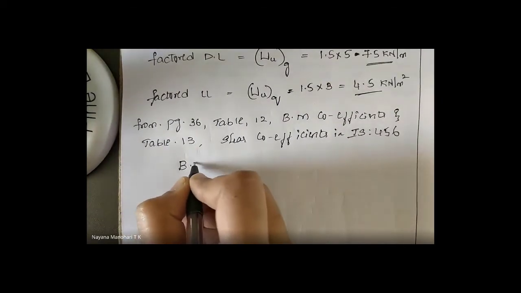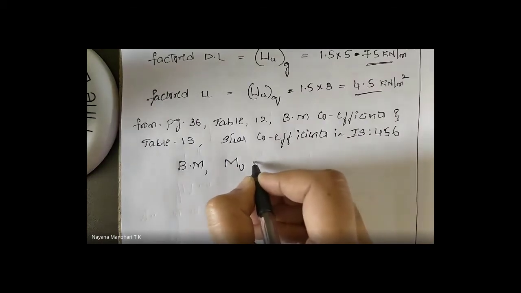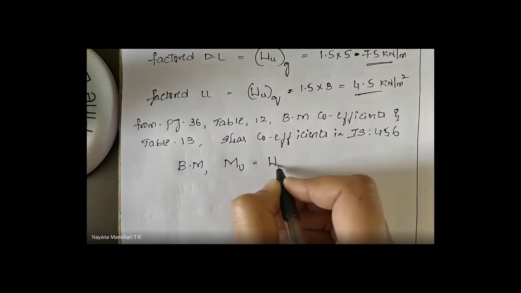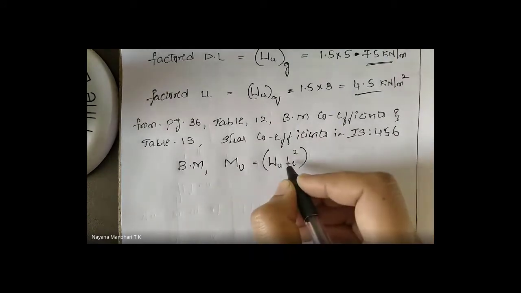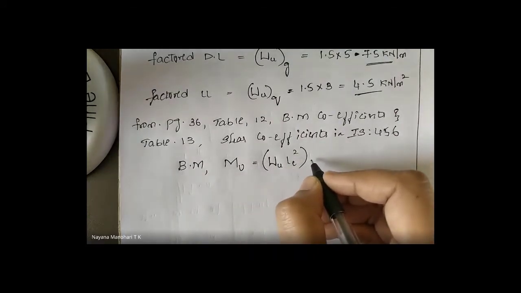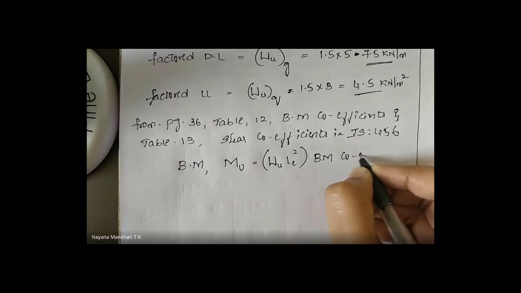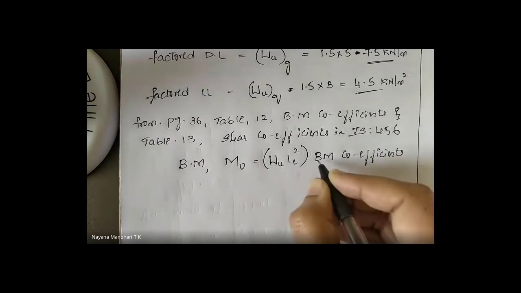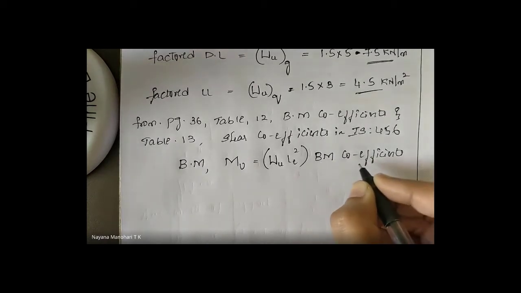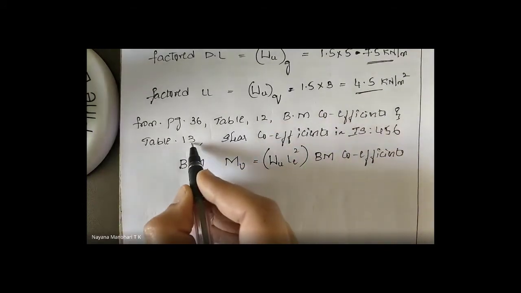It is given by bending moment MU will be equal to WU LE square multiplied by its bending moment coefficient. This coefficient is available in table number 12 as well as 13.